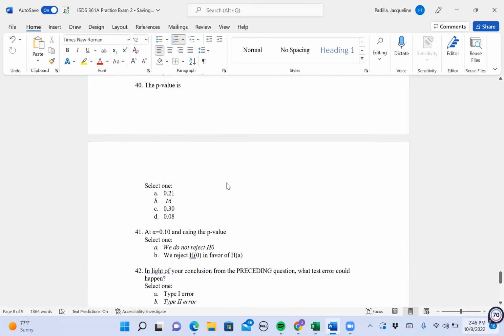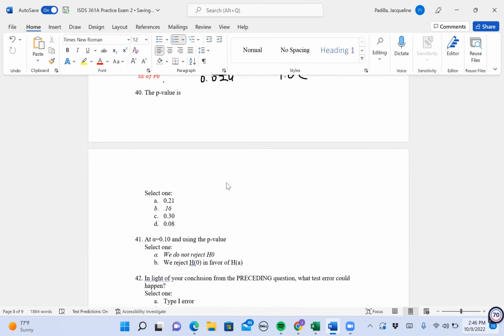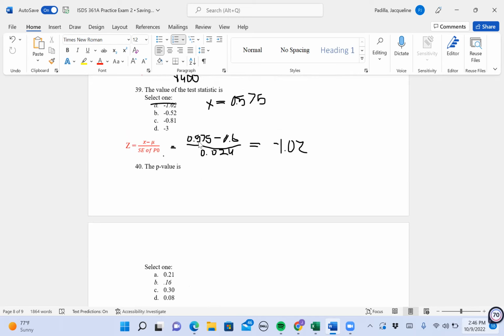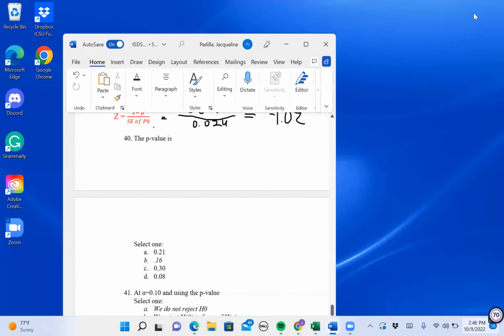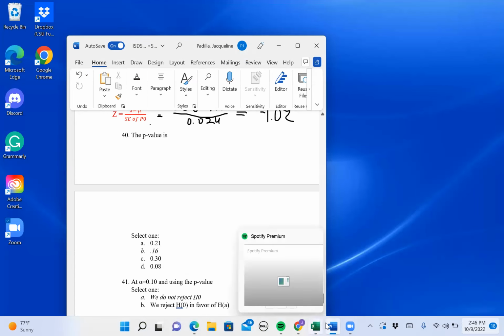And then moving on to 40. So it says the p-value is. So in order to find the p-value, this is going to be the area in the tail to our test statistic. So our test statistic was negative 1.02 as we got in the previous question. So what we're going to do is we're going to have to go to Excel.